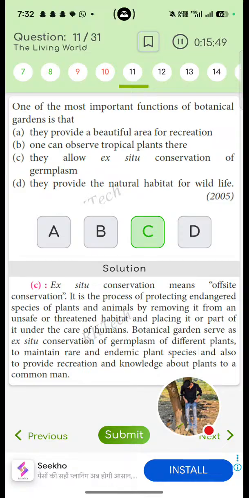Botanical gardens serve as ex situ conservation of germplasm of different plants to maintain rare and endemic plant species and also to provide recreation and knowledge about plants to the common man.